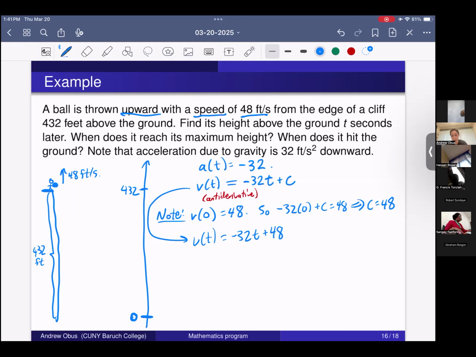That's going to be our velocity function. Eventually, we want to find our position function, right? All of these questions are about position. So we want to go find the position function first before we can answer all these questions. Before we move on, does anybody have any questions about how we found the velocity function?